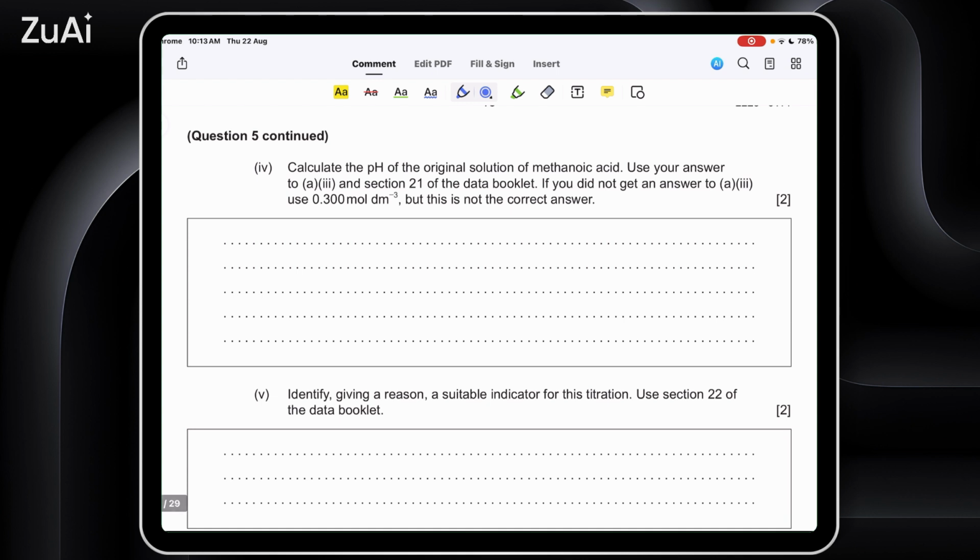Calculate the pH of the original solution of methanoic acid. From the Ka value, Ka is given in the data booklet, so that is 10 to the power negative 3.75.